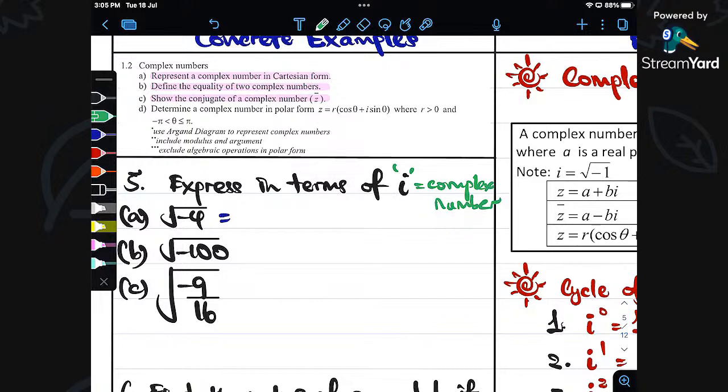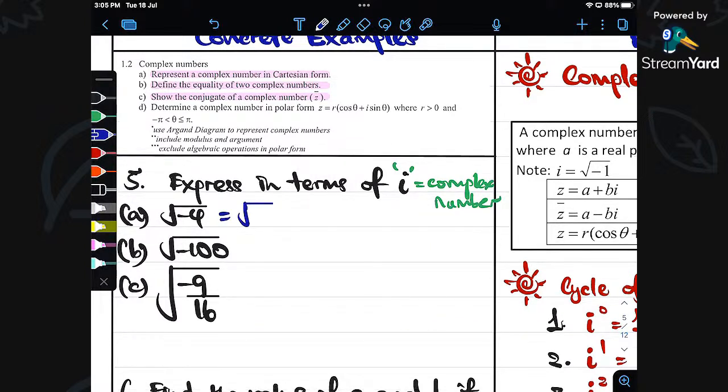So now let's solve this square root of -4. Square root of -4 is actually the combination of -4. If you recall your SPM knowledge, this is actually square root of 4 times square root of -1. Kita nak nombor bulat. Okay, kita tak nak integers. Kita tidak mahu negative value.